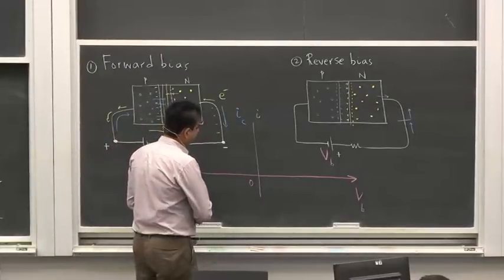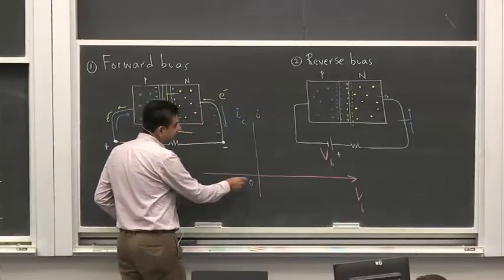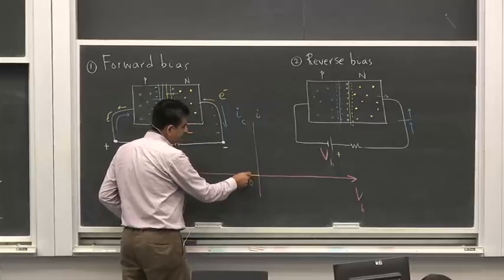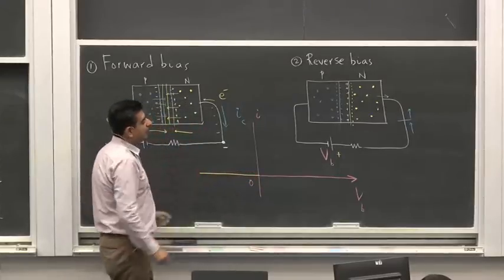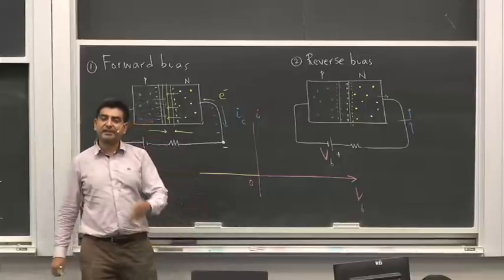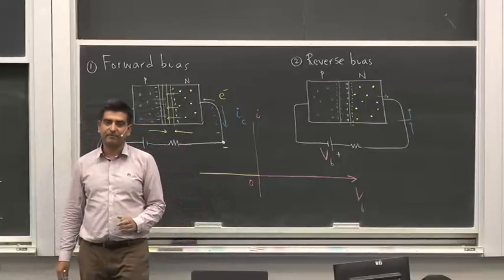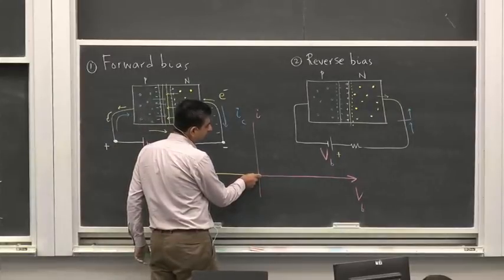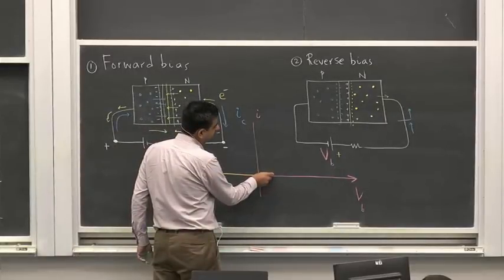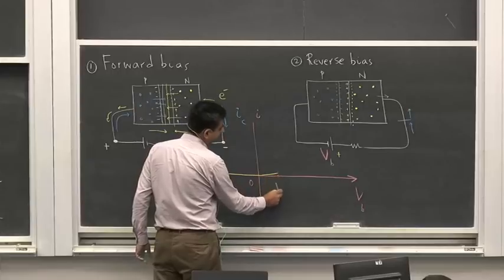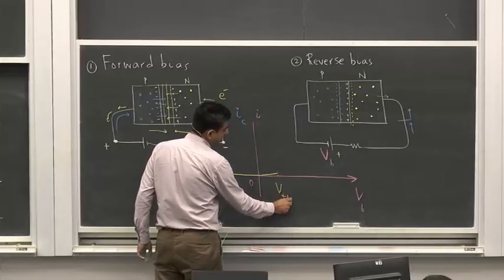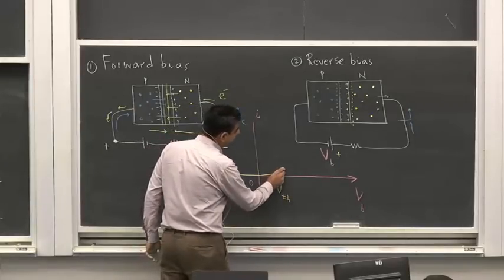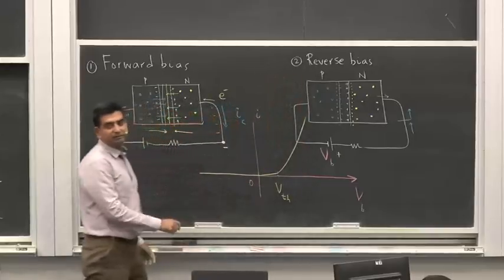So ideally, in the reverse bias condition, there is zero current, and in the forward bias condition, there is some current. What you really observe is that there is very little current up to a certain threshold voltage, and then the current starts to increase exponentially.